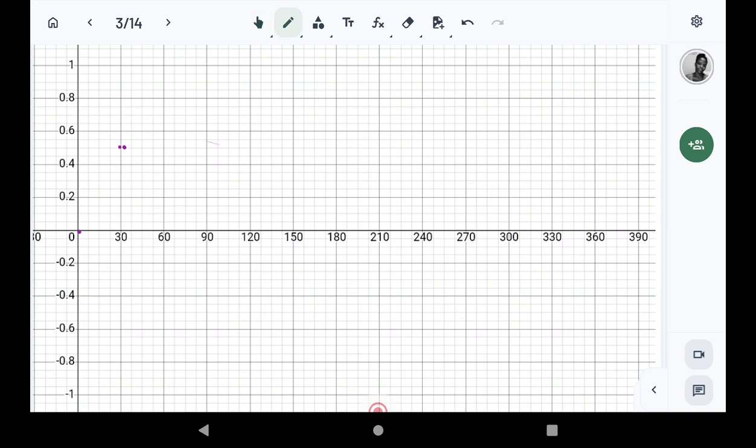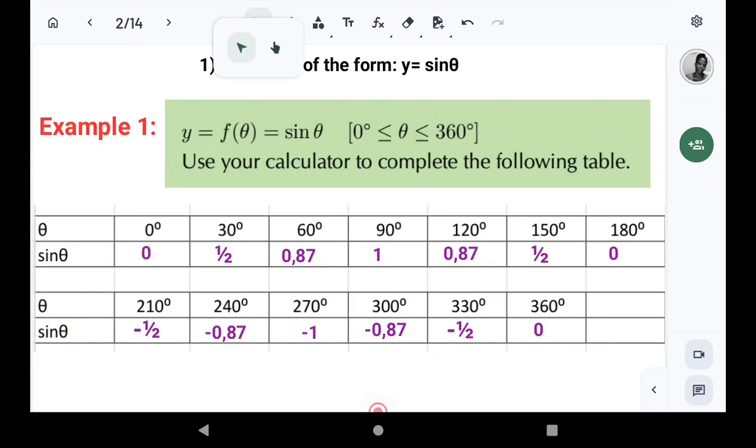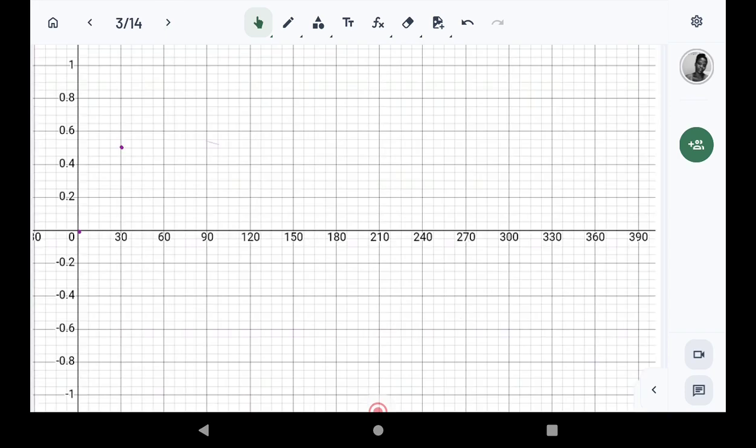And then you continue with the rest. For 60 degrees, that's 0,87. For 90, it's 1. For 120, this and this, all of this. Now I'm going to plot this quickly. 0,87 right over there, and then at 90 degrees it's 1.